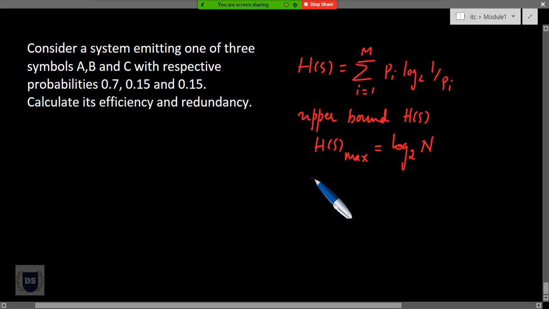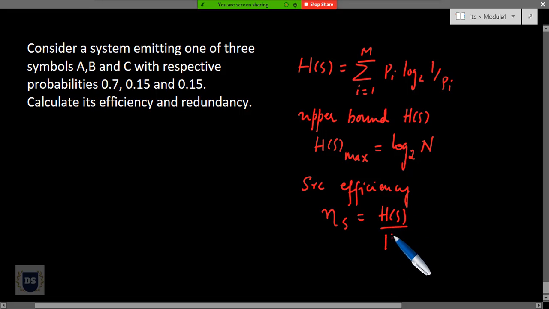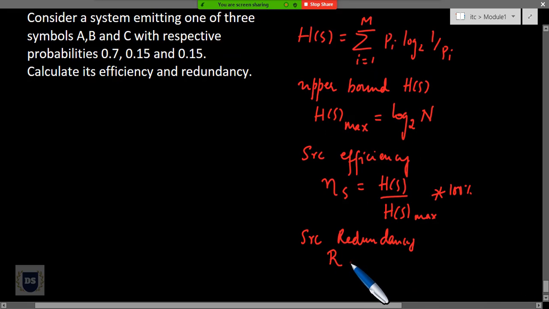In a similar way, we also know the formula for source efficiency, given as eta s equal to H of S divided by H of S max into 100%. We also know one more formula, source redundancy, represented with capital R, which is equal to 1 minus eta s, that is source efficiency, this entire thing into 100.